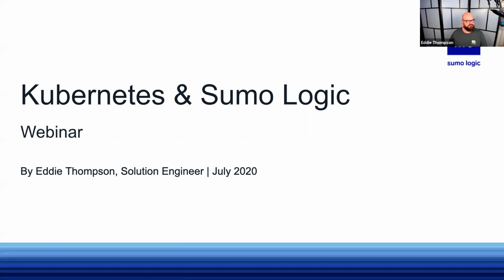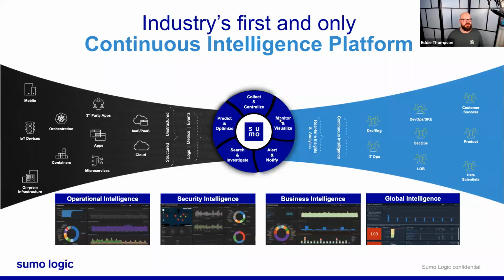So, Kubernetes and Sumo Logic. This is the topic of the day, the topic of the hour, and what I shall be diving into. First of all, a little bit about Sumo. We are the industry's first and only continuous intelligence platform. And what does that mean?